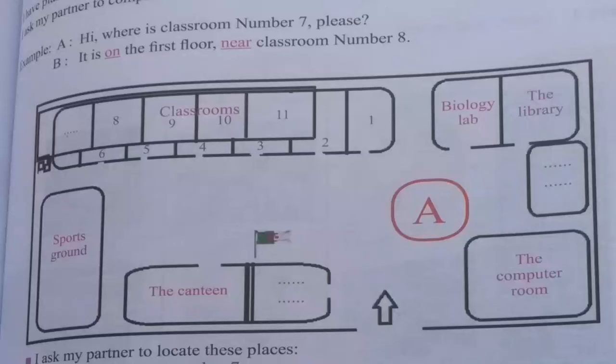Hi, مرحبا. Where is the physics lab, please? أين هو مختبر الفيزياء من فضلك؟ B answers: The physics lab is between the computer room and the library. أو نقول: It is between the computer room and the library.